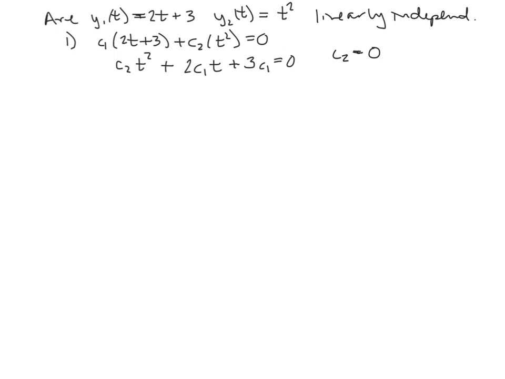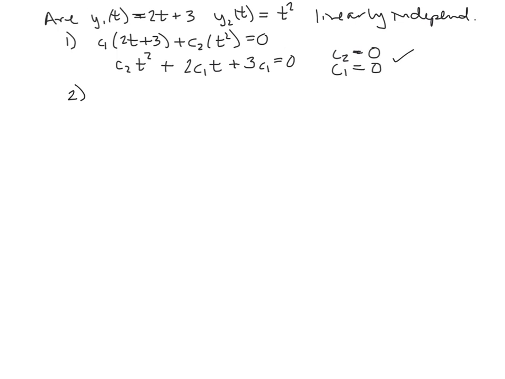Everything in front of t is 2c1, so c1 has to equal 0. And the other part, 3c1, also has to equal 0, so c1 is 0. The only way is where all of those constants are 0. So check, that makes it linearly independent.